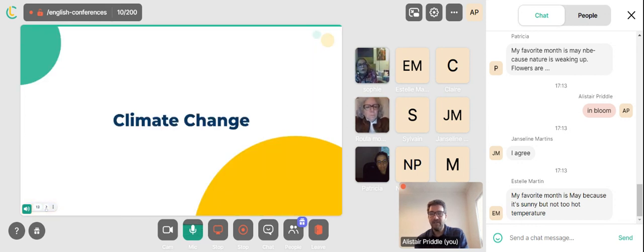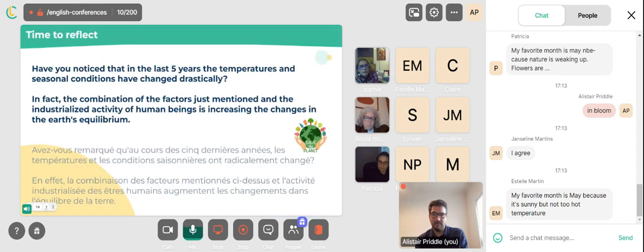Okay, well, let's have a look at climate change. So, time to reflect. Have you noticed that in the last 5 years, the temperatures and seasonal conditions have changed drastically? Maybe you have, maybe not.